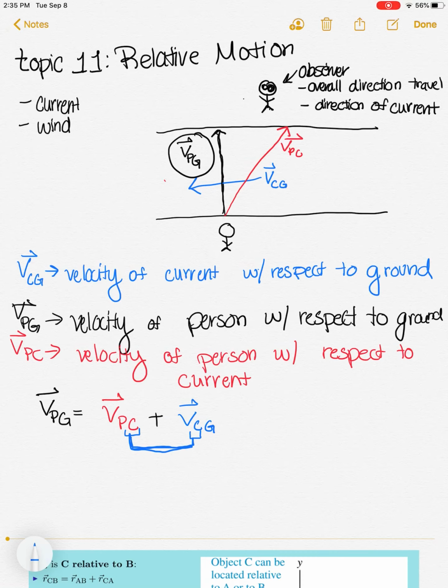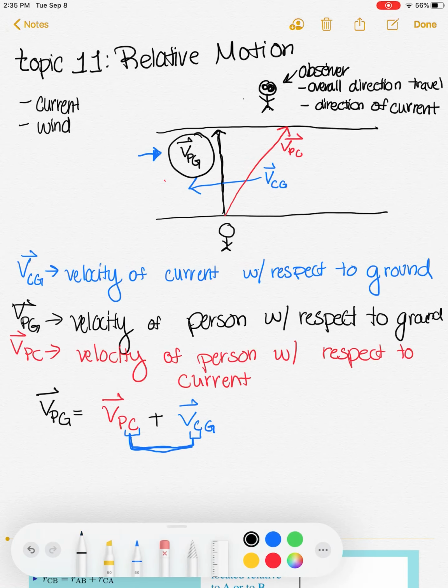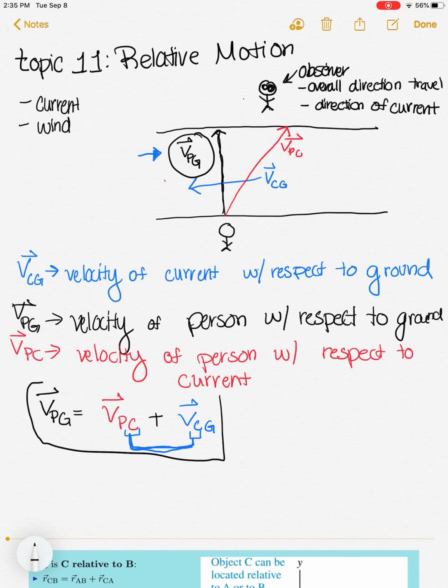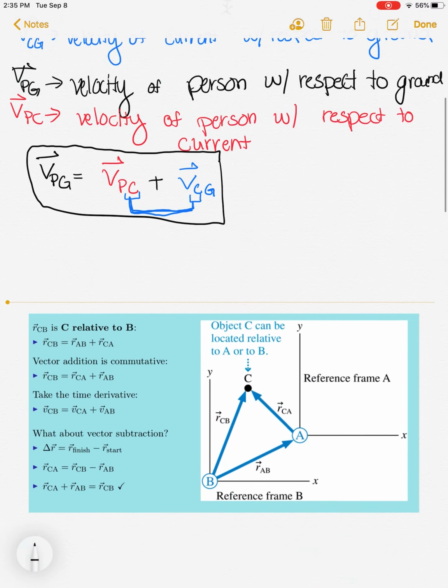What this essentially does is cancel out the effect of the current in order to get the overall resultant, which is right here, the velocity that the person is moving with respect to ground. And so that is the overall direction that I need the object or person, boat, airplane, whatever it is, to move with respect to ground. And so that is always my resultant.